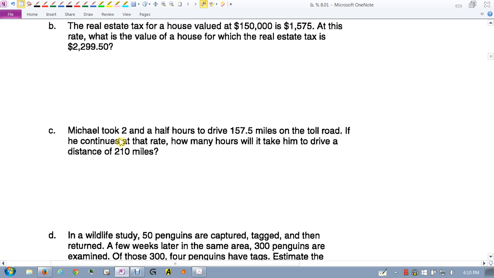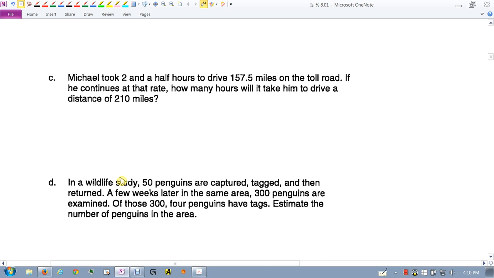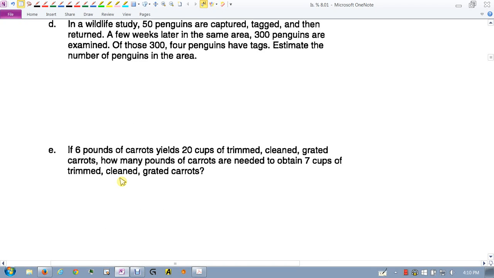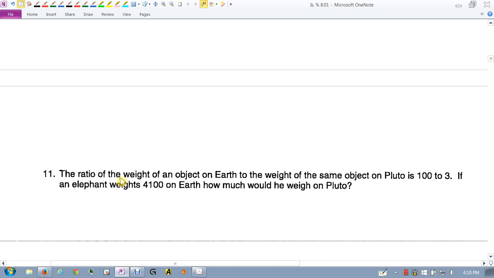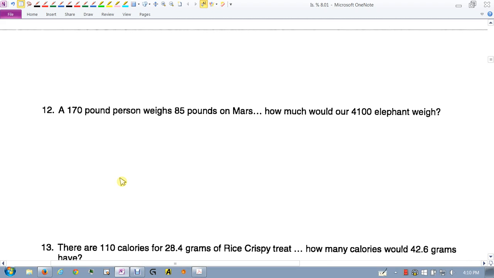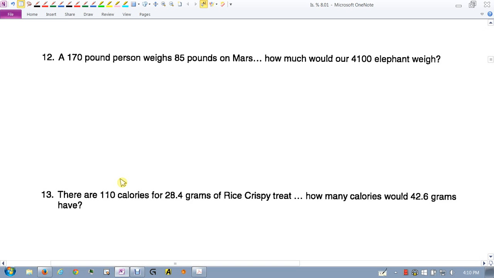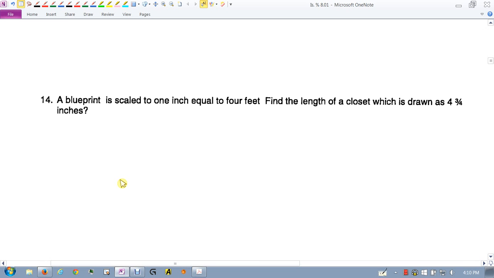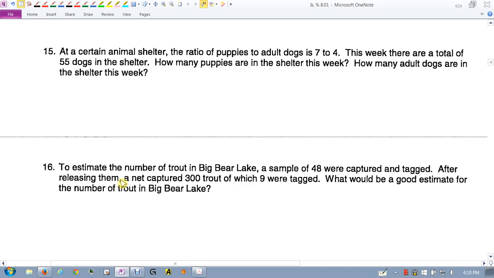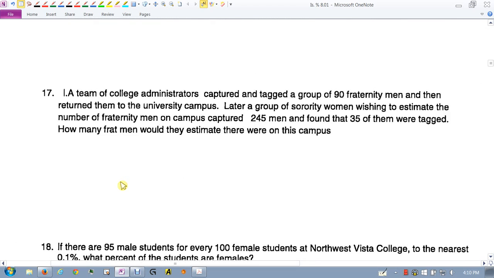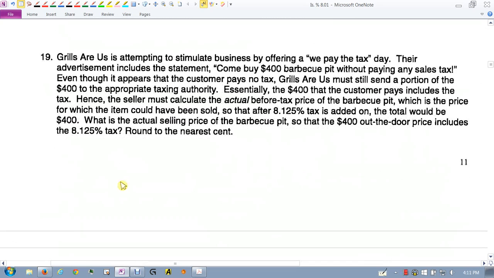Taxes and things, proportions, more ratios. Just look and see if there's anything in there. It's too crazy. Man, that's a lot of stuff. That's just too long.